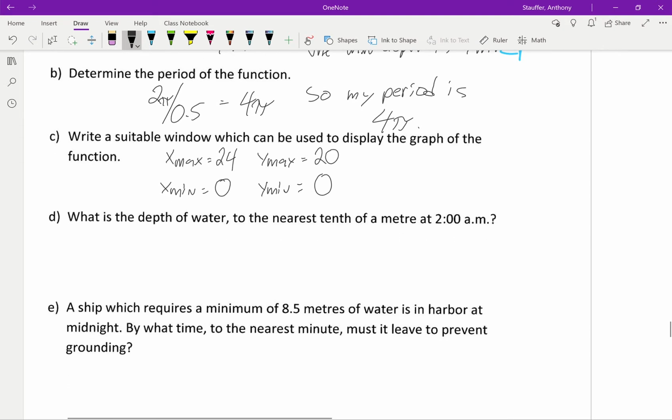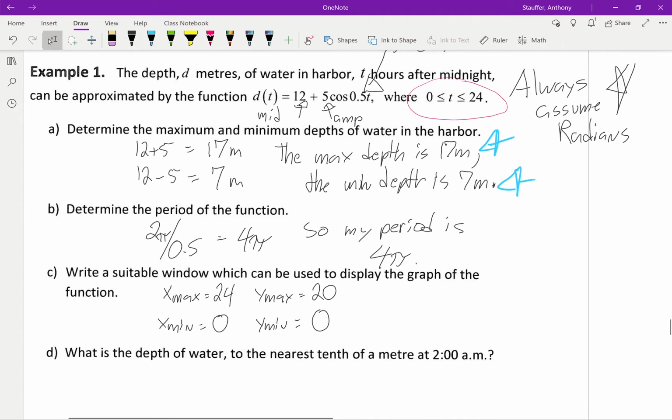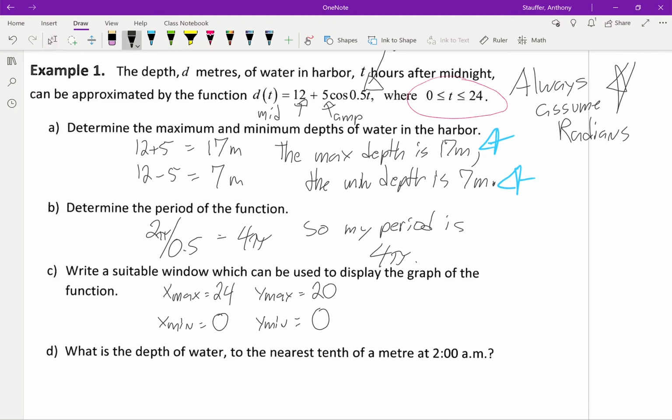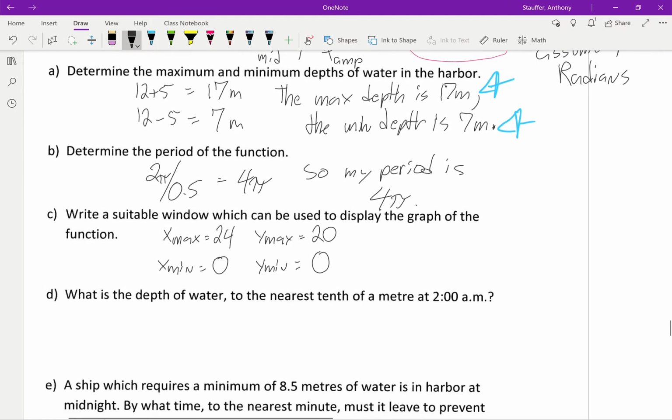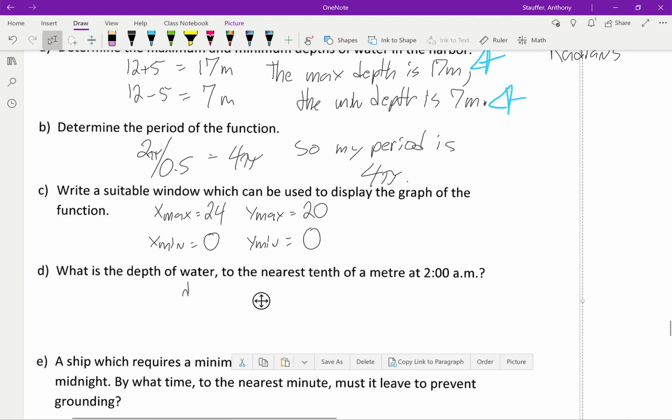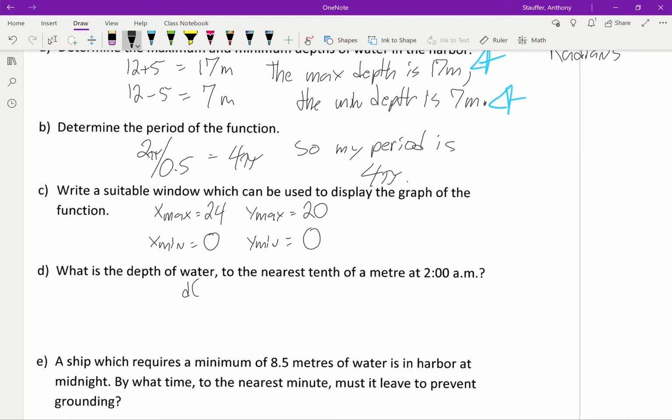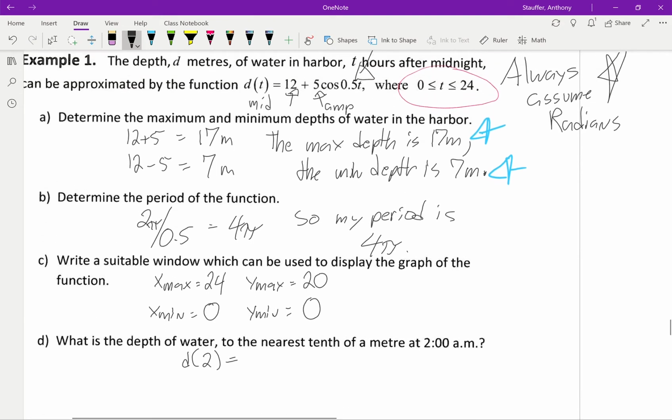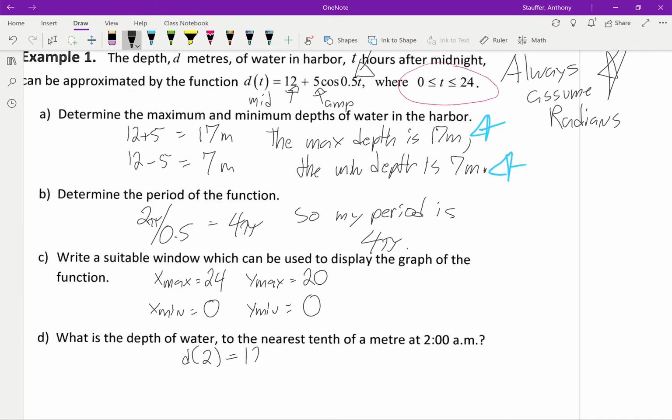Now, what is the depth of the water to the nearest tenth of a meter at 2 a.m.? So, T stands for time. And I have that D at T, or rather in this case, D at my 2 a.m., will equal, looking back at our equation, 12 plus 5 cos 0.5 all multiplied by that 2.